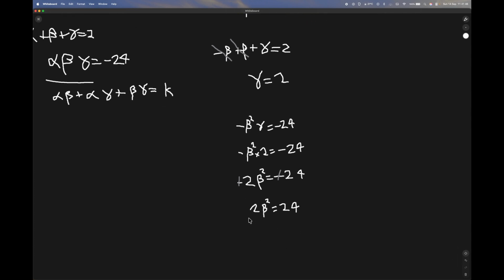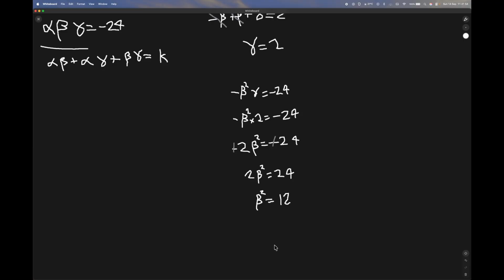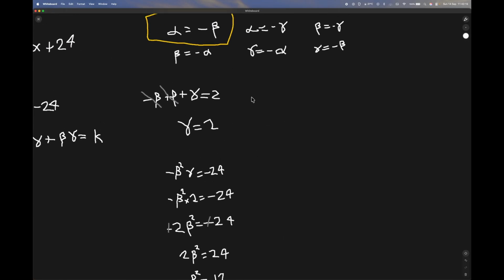So now we divide both sides by 2. We're going to get beta squared equals 12, and then beta is equal to root 12. We're going to take the root of both sides so we can cancel out that squared there. Now root 12, let's write that.